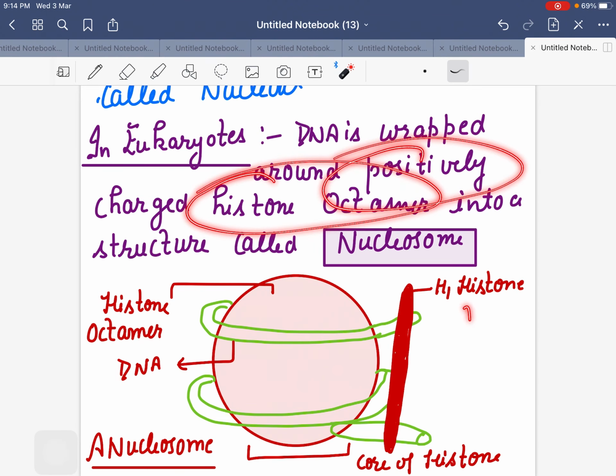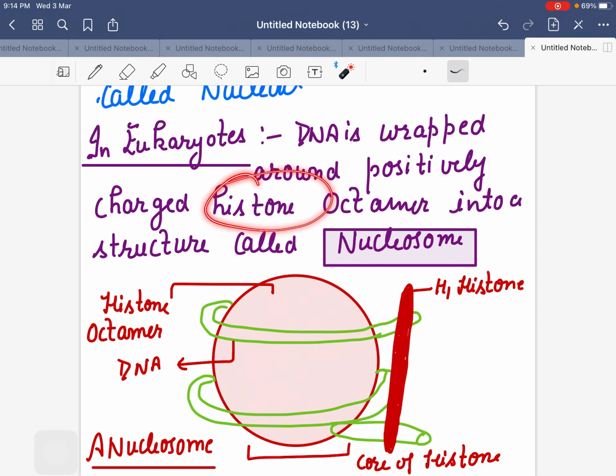So there we are using 8 balls, and these 8 balls are your histone proteins, because DNA is negatively charged, and negative always attracts positive, so that binding should be strong, and this structure is called nucleosome.